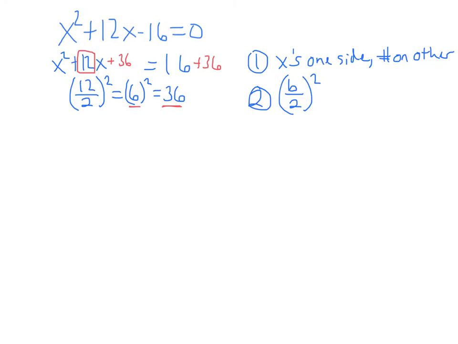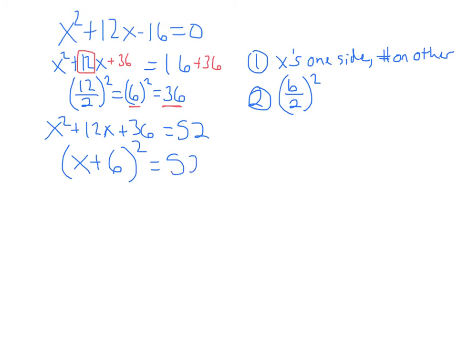Alrighty. So now I have x squared plus 12x plus 36 equals 52. What you may notice on this left-hand side is we have x squared plus 12x plus 36. That can be factored, and it is going to be factored into the form of (x plus 6) squared equals 52. Okay, here we go.